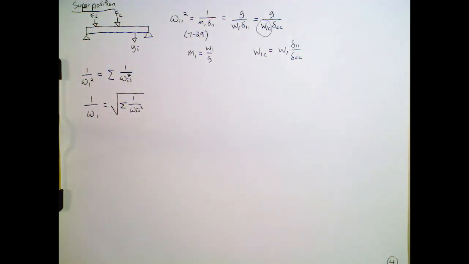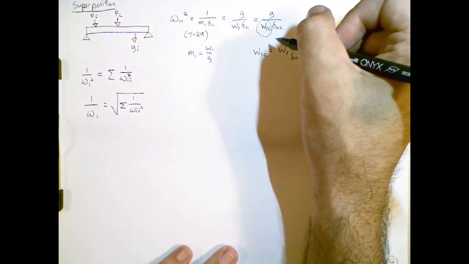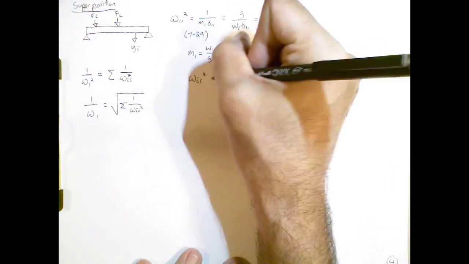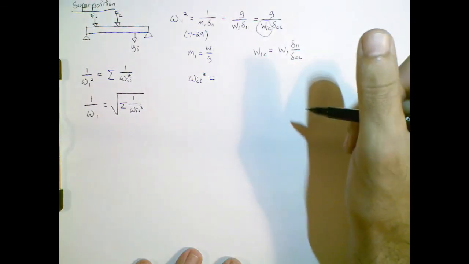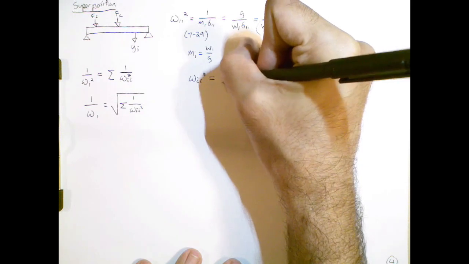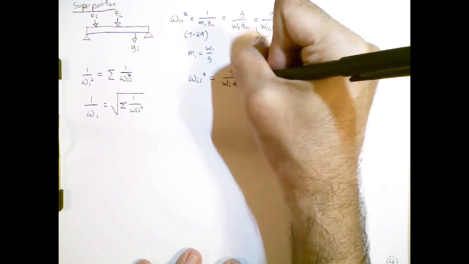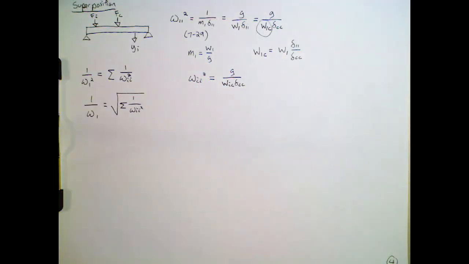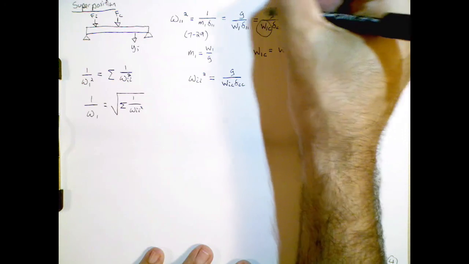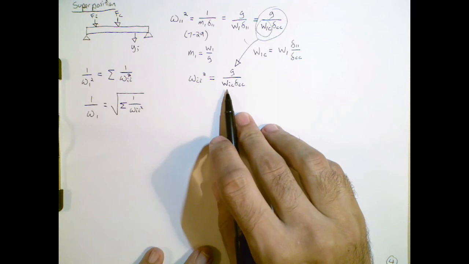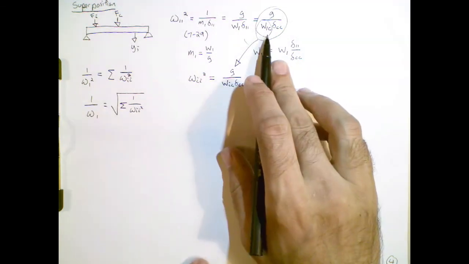And from above, up here, we can write that omega i squared is going to be equal to g over W iC times delta CC. So I basically took this and generalized it for location i instead of just location 1.